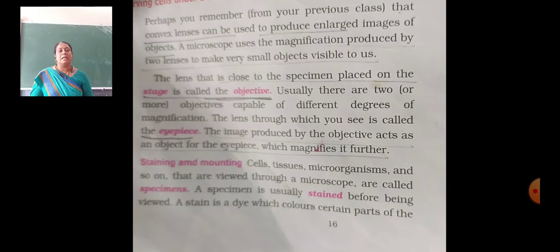Otherwise all the cells look the same. That process is called staining.